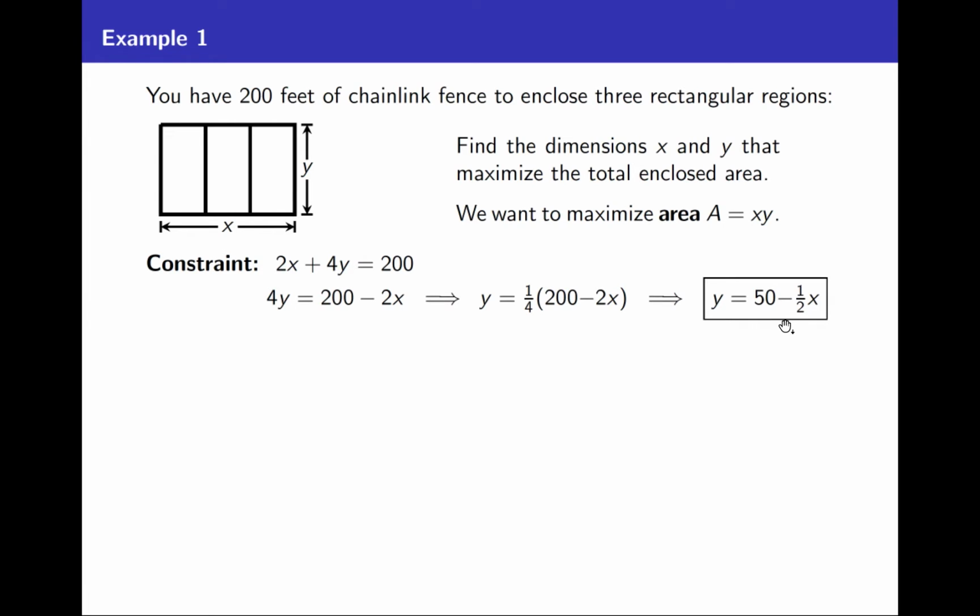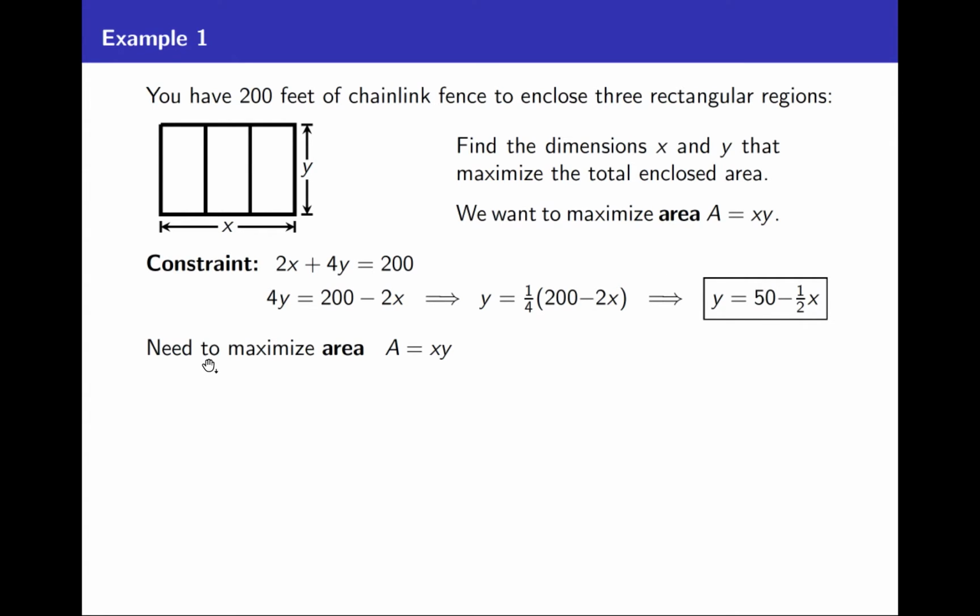So here's an idea. We wanted to maximize area xy, and we said that's a problem because that's not a function of x. Well, now we figured out that y has to be 50 minus a half x. So we could plug in 50 minus a half x for the y right here, and we've got a function of x. Let's try that.